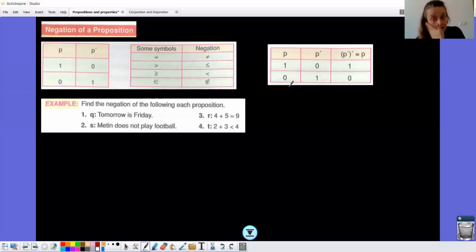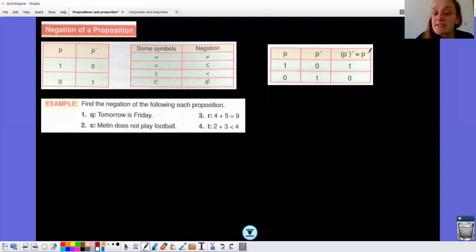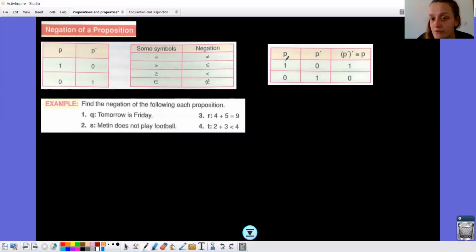The negation of negation will be itself. For example, you have P, it's true. The negation of P, we can say P prime, will be 0. So the prime of P prime will be P again, 1, okay? Did we understand? Yes.